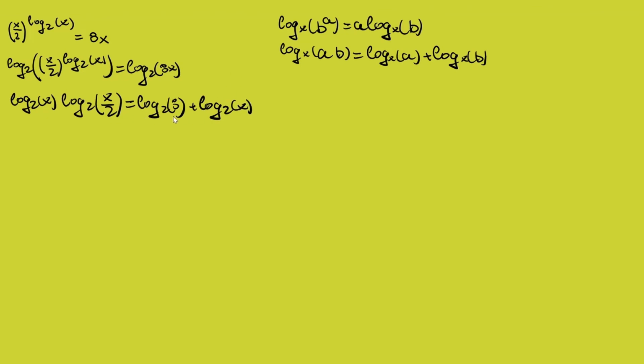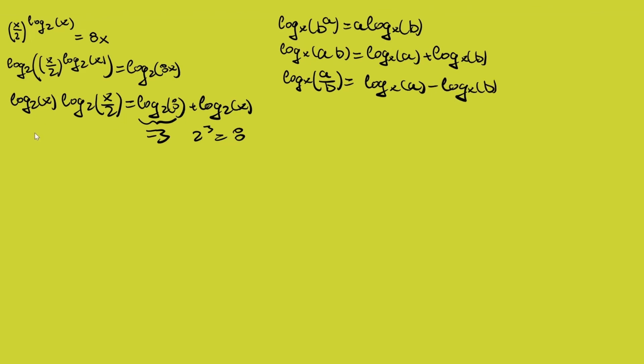Now, we have log base 2 of 8. How much is it? Well, it is 3, because 2 to the power of 3 equals 8. And here, we see that we have log base 2 of something over something. And you remember that log base x of a over b equals log base x of a minus log base x of b.